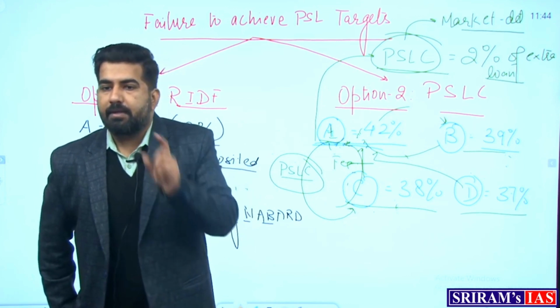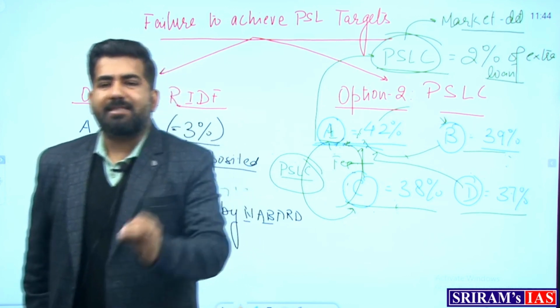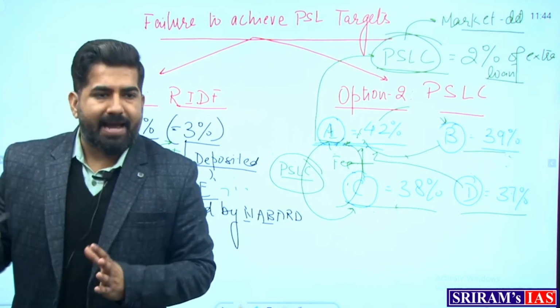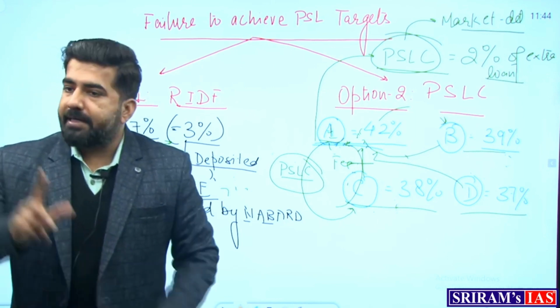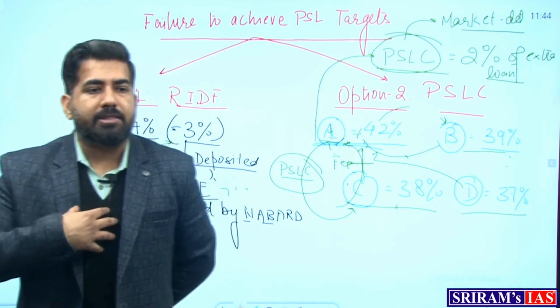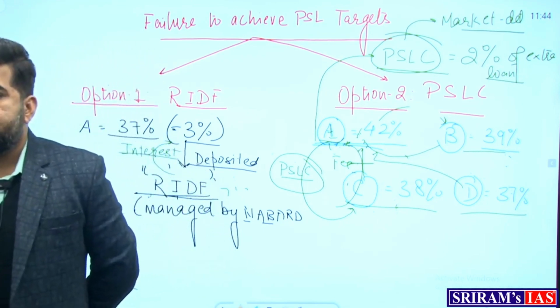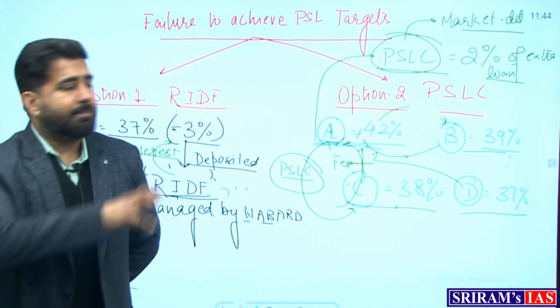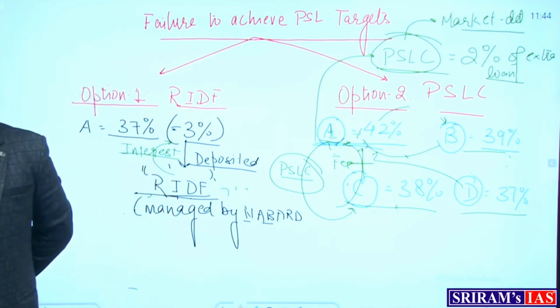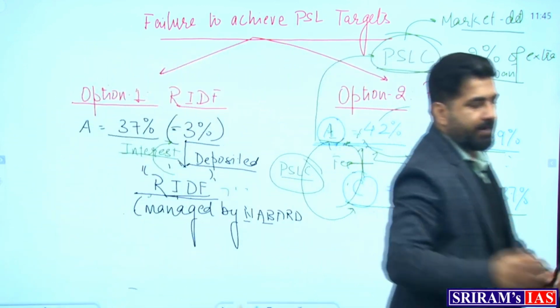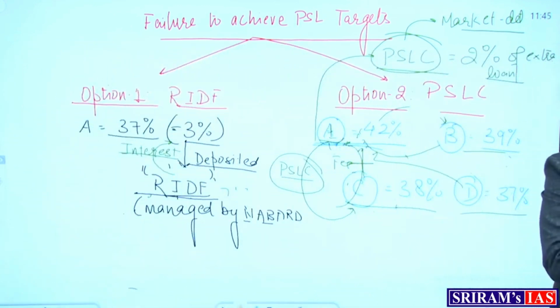No. The certificate is simply an accounting instrument so that you comply with your PSL requirement, but it does not mean that I am transferring my 2% loan to you. It does not mean that. Clear? So this is the simple concept of the PSL certificate. You write it down and I am pretty sure you will understand much better once you write these things.